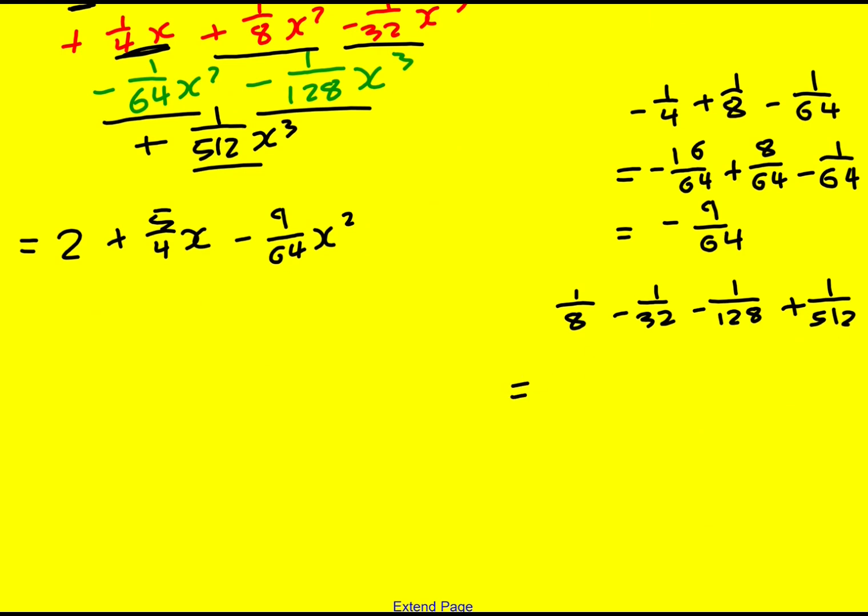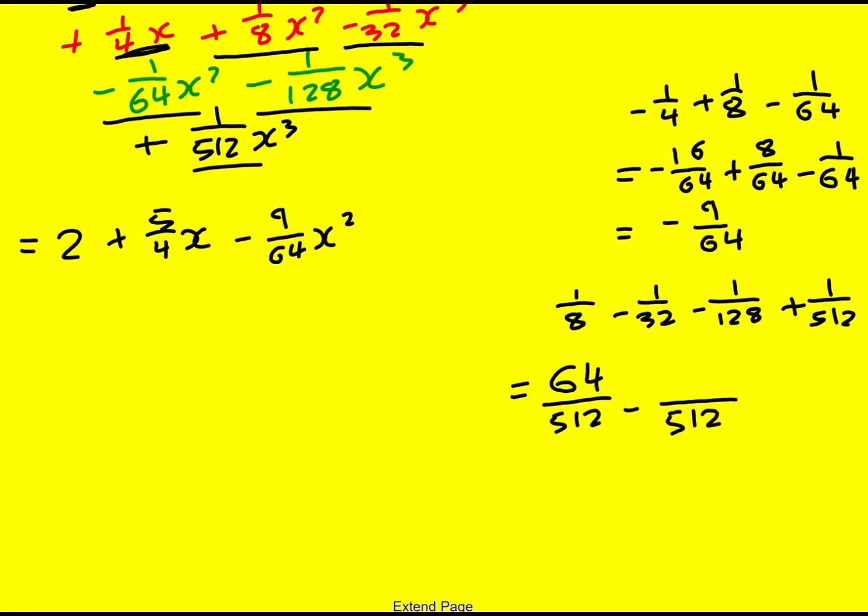Common denominator of 512. So for 8, what do we need to times through by? 64, so it's going to be 64 over 512 minus, then this one will be 16 over 512.